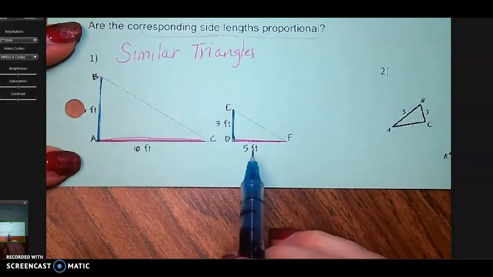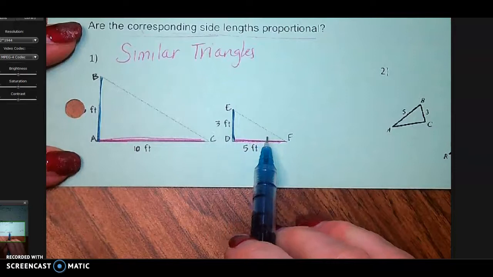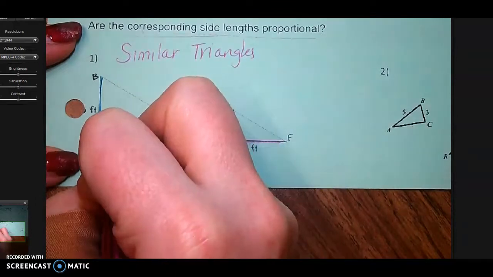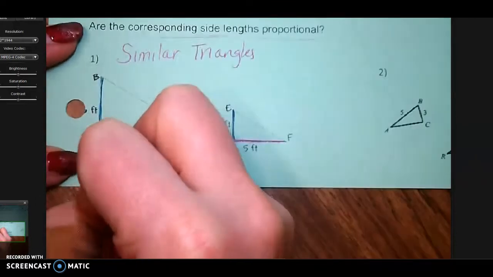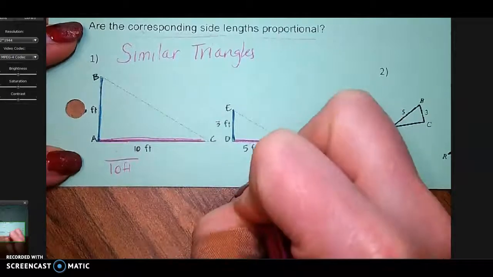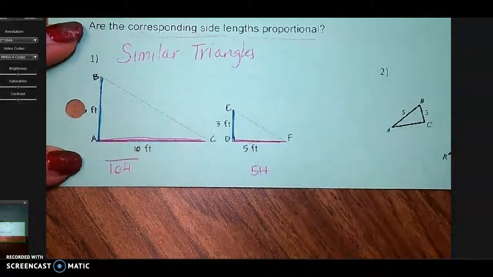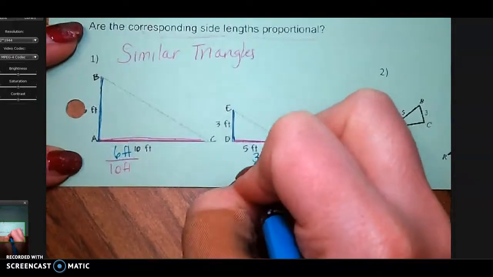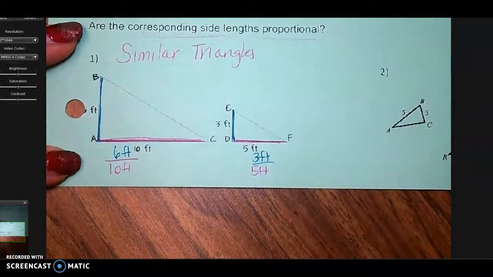You want to go from the second one here. So I'm going to do 10 feet and 5 feet, and I have 6 feet and 3 feet.